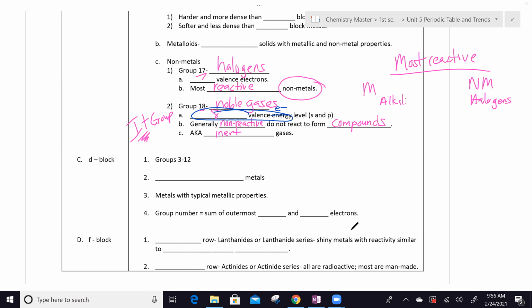All right, 8 valence electrons. Everybody wants 8 valence electrons, okay? Because if you have 8 valence electrons, you have a full outer ring, okay?